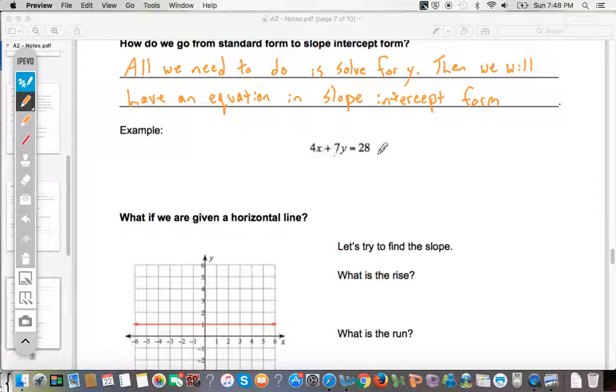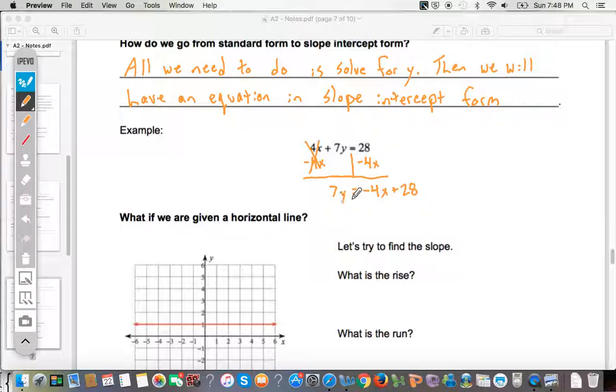So let's take a look at this in standard form. Let's solve for y. So I'll subtract 4x right here, subtract 4x over here. So these cancel. I'm left with 7y equals negative 4x plus 28. Okay? And you might want to get in the habit of putting your x term before your y-intercept.